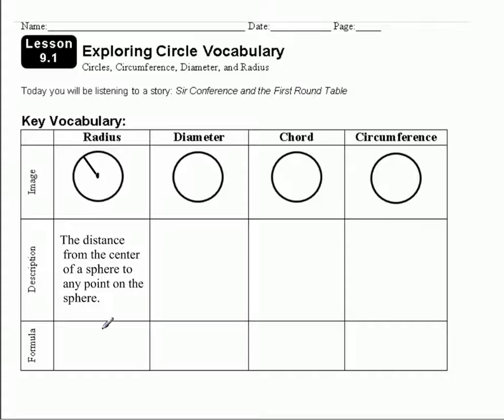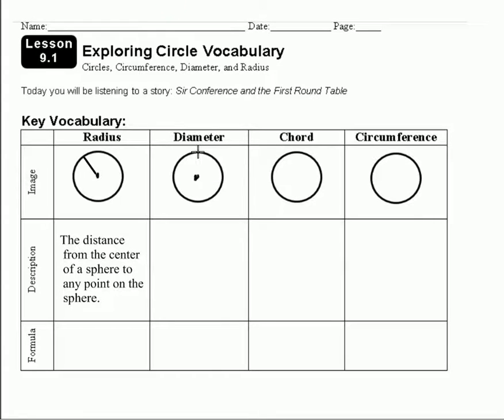Now, how are you going to figure out the radius? Well, if you are given the diameter, you can figure out the radius. I'll wait until after diameter to talk about the formulas. So diameter, remember, di of meter, right? She was as tall as the table. So it's a line that goes through the whole circle, including the center.